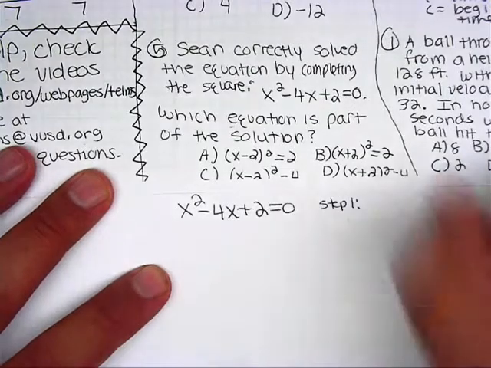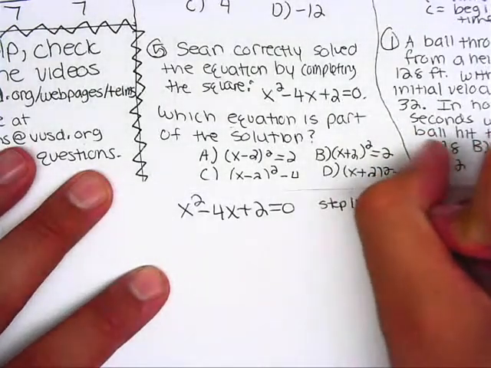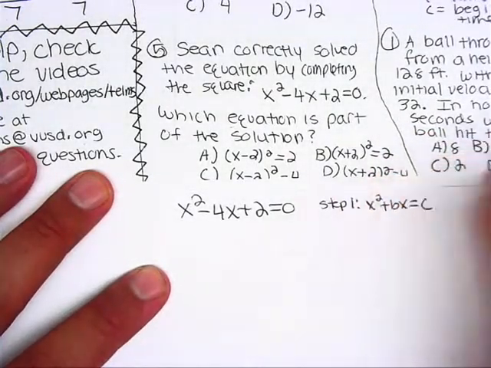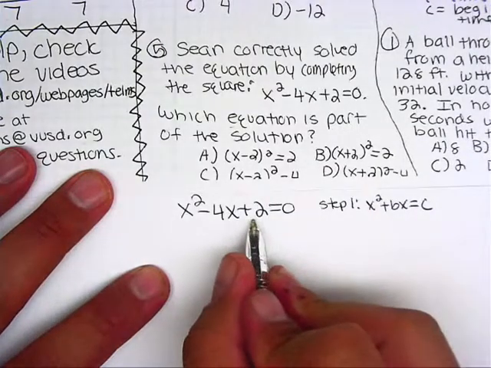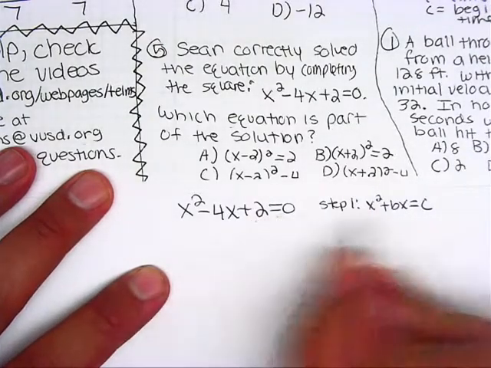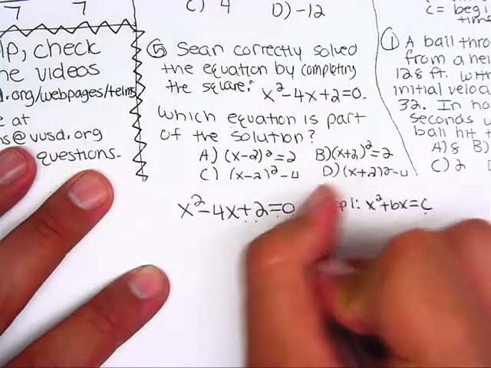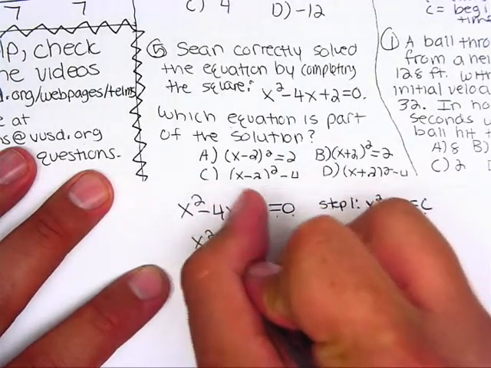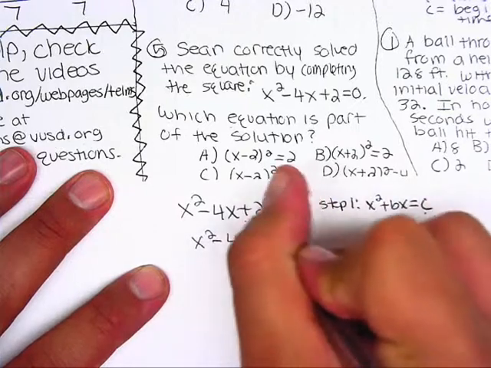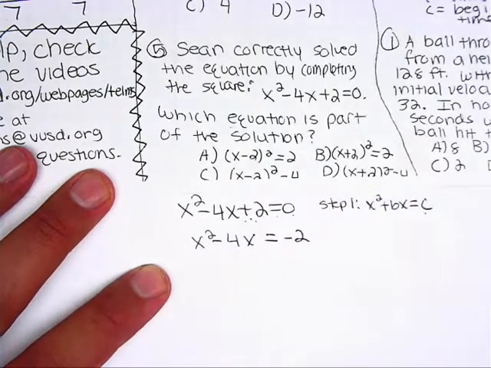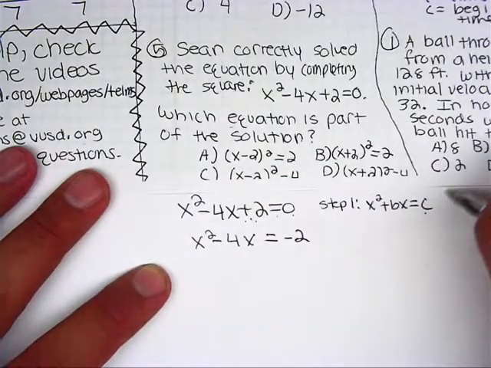I need it in the form of x squared plus bx equals c. Well, my c term is on the left-hand side of the equal sign. It should be on the right-hand side. So to get positive 2 to the other side, I'm going to do the opposite. The opposite of positive 2 is negative 2. Now step 1 is done.